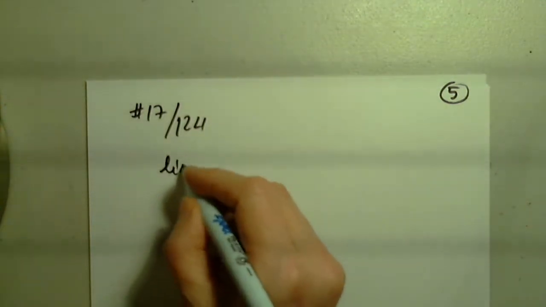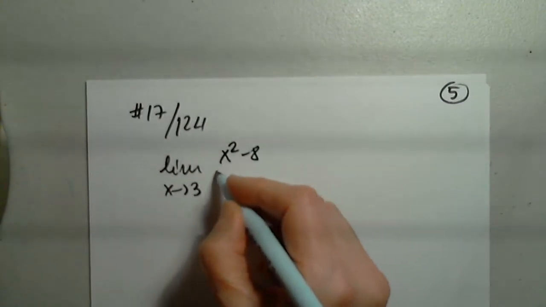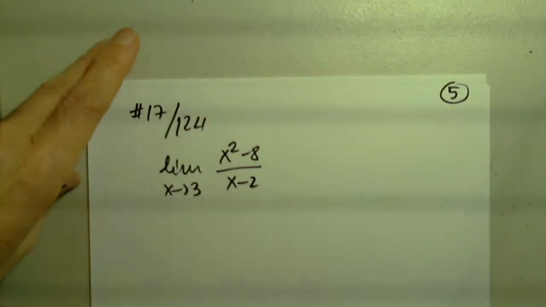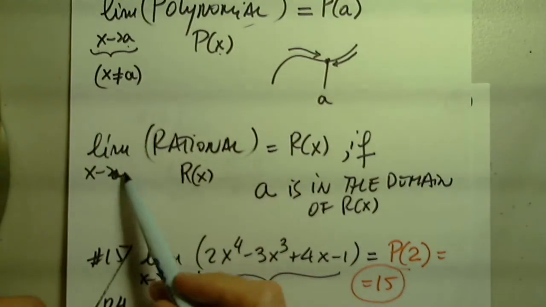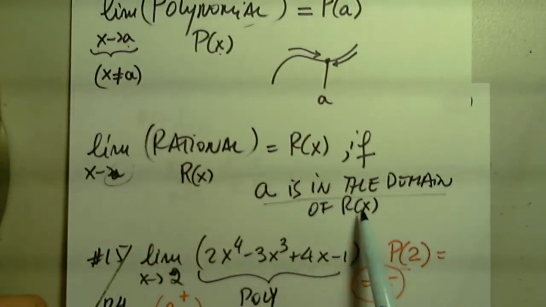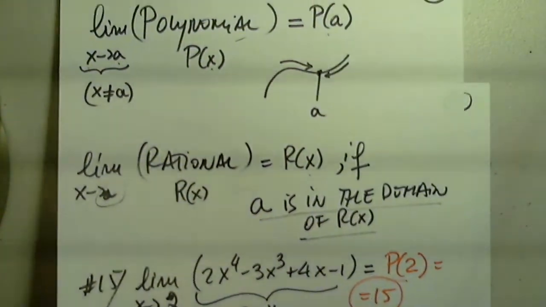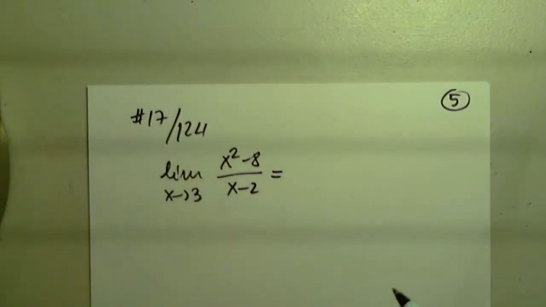So we have a rational function, which is the limit as x approaches 3 of x squared minus 8 divided by x minus 2. So we have that second theorem that says if this number is in the domain of this function, plug it in like if it's a polynomial. First, I always plug it in.